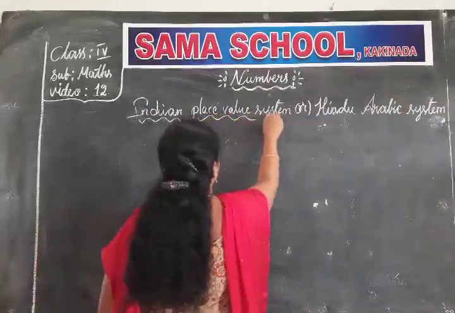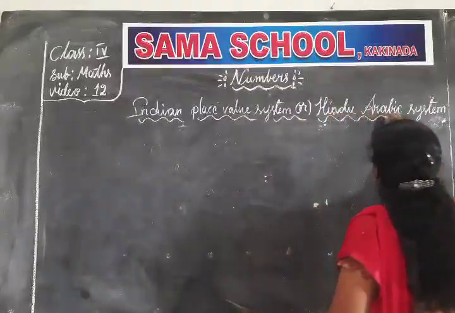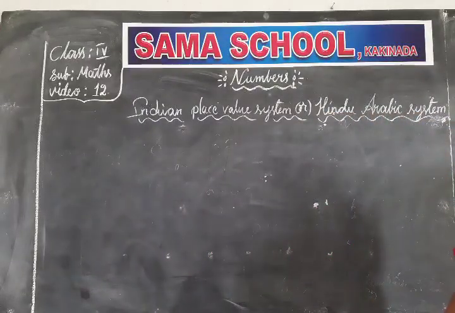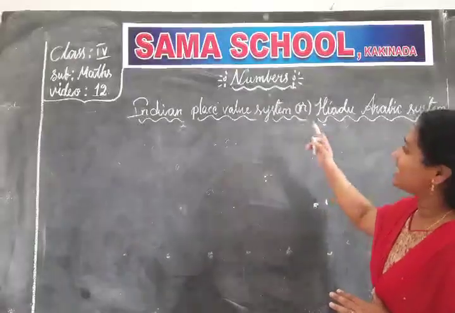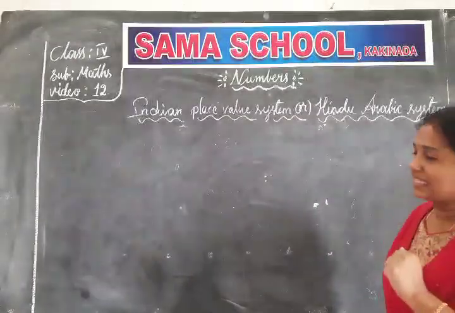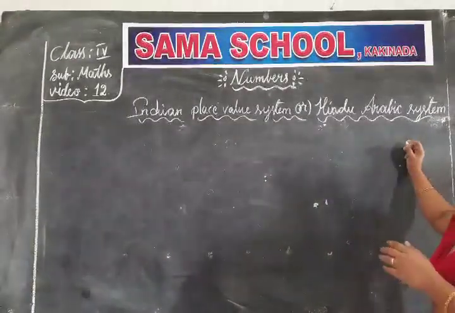Okay. The Indian system has 9 places. Let me know how many places, what are they?